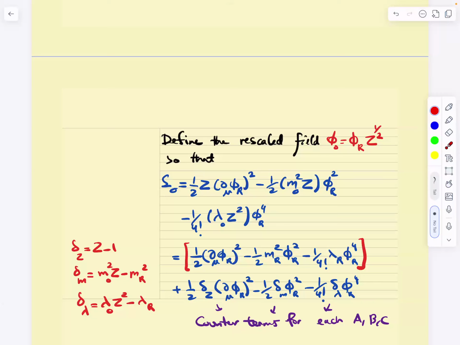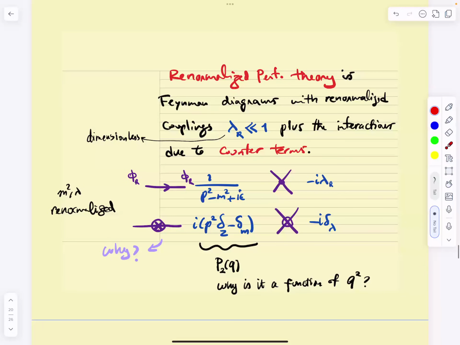It means that it's related to something that we observe. What is that thing that we observe? What we observe is that the physical field, when it propagates, has the physical pole as a physical mass. What we observe that's physical is that when the physical field scatters, the coupling is the physical coupling.